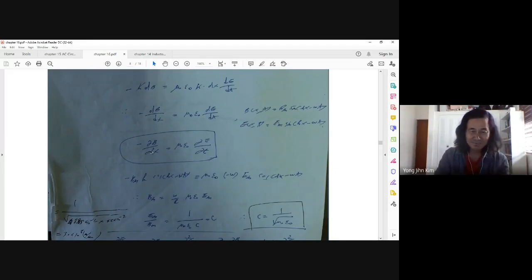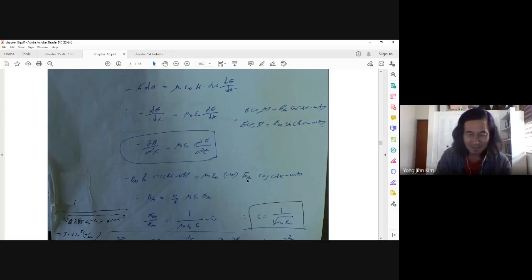Then for this term, we have a k term here, round t gives us minus omega. Cosine function is cancelled. I move k here, so Bm is equal to omega over k mu 0 epsilon 0 Em.